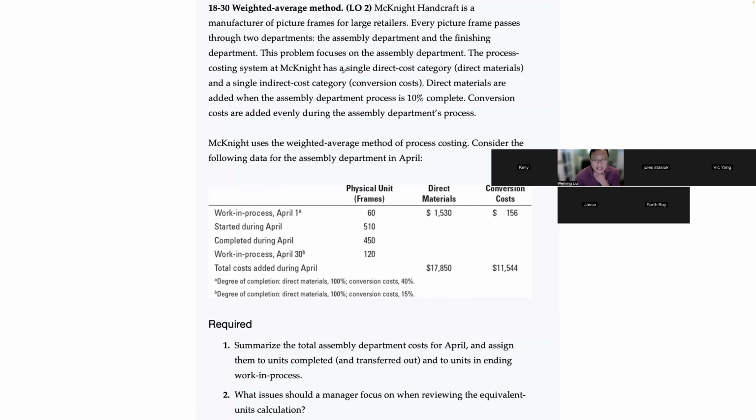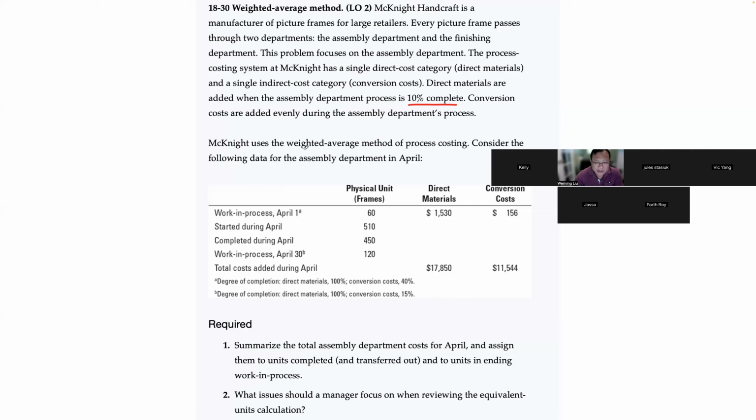Direct materials are added when the assembly department process is 10% complete, and conversion costs are added evenly during the process.